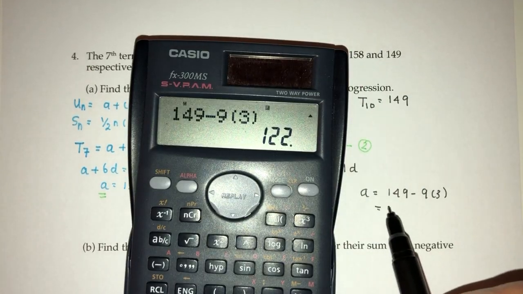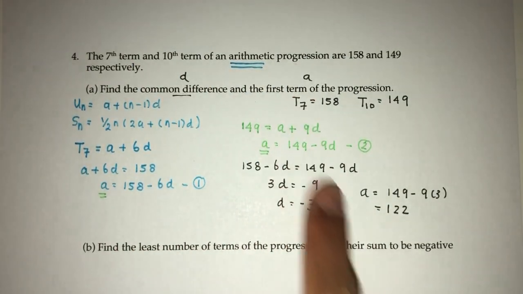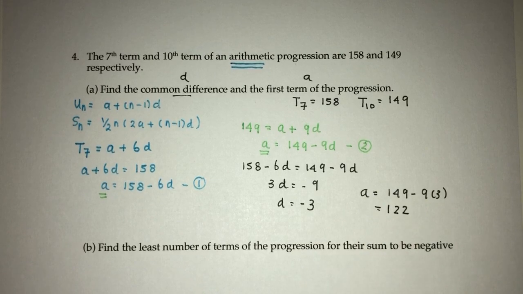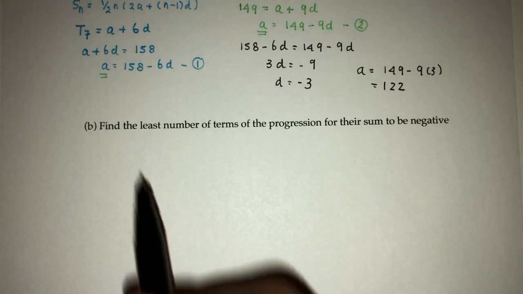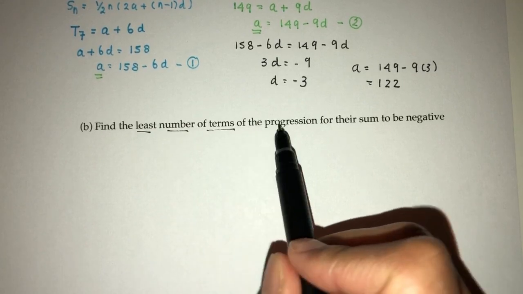That will be 122. So your answer: the common difference d is minus 3, and the first term is 122.